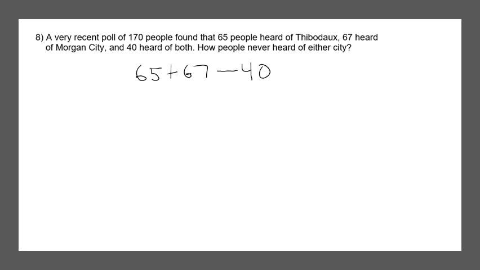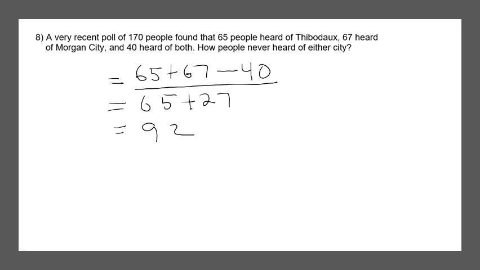So these 40 people heard of both of them. So we double counted. So now I know that this is equal to 65 plus 27, which is now 92. So we know 92 people have heard of at least one of the two cities.